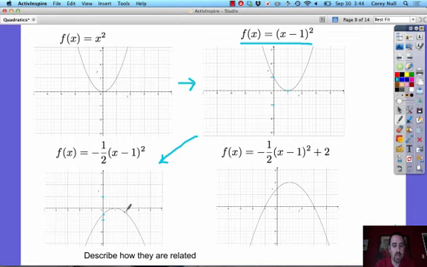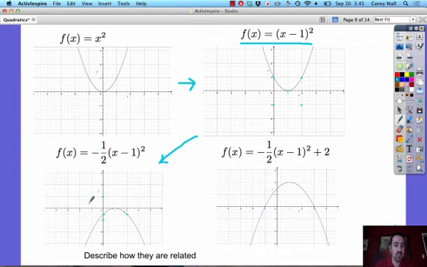Likewise, if I look at this point on the original graph, okay, this point here, the negative should send it straight down from 2, 1 to 2, -1. It doesn't though. It sends it down halfway. And that's what the half is doing. The half says send it, but send it halfway.